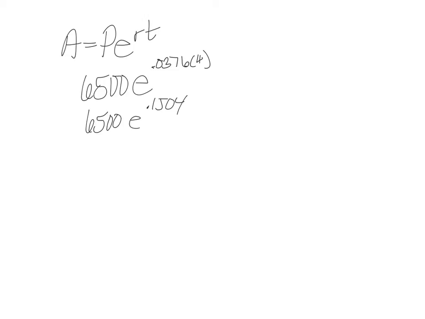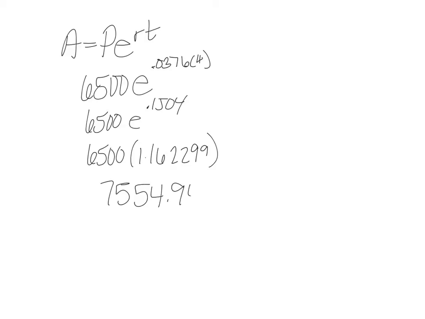Raise the e to that power, I get 6,500 times 1.16229. It's not that far off of our daily compounded rate. It's maybe a couple of cents difference between compounded continuously and compounding daily. And so the interest that was added to your balance would be $1,054.94.